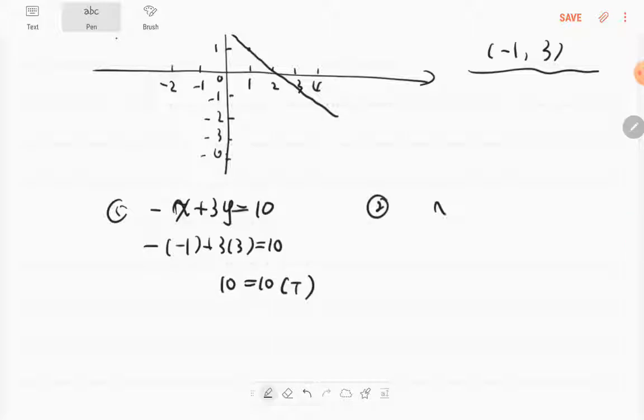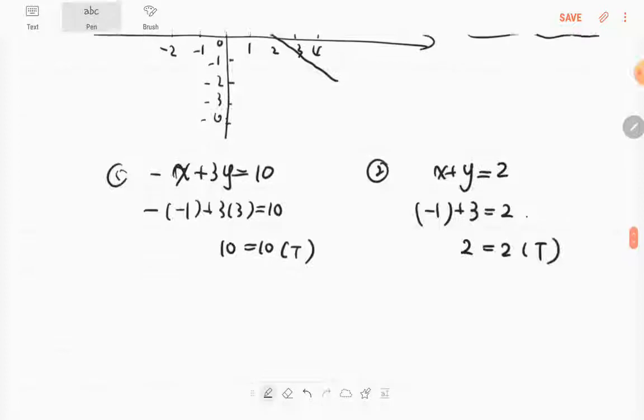How about the second one, x plus y equals 2? We still use negative 1 to replace x and 3 to replace y. Left side we got 2, right side we got 2. So it's true.